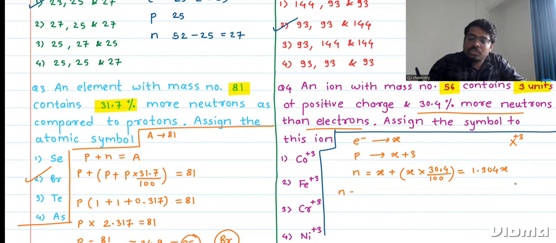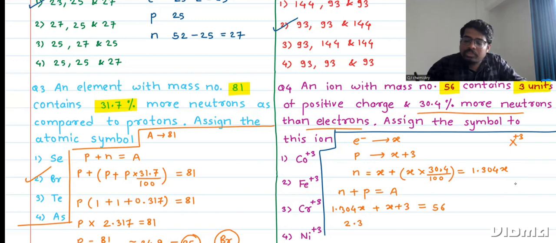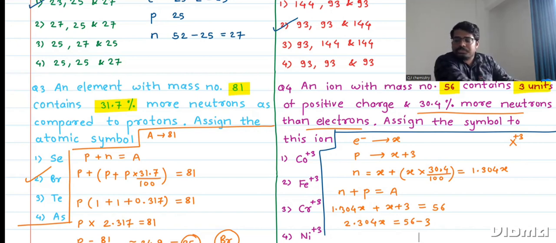We know that the sum of neutrons plus protons is equal to the atomic mass. Substituting the values, 1.304x plus x plus 3 is equal to 56. So 2.304x is equal to 56 minus 3, which is equal to 53.